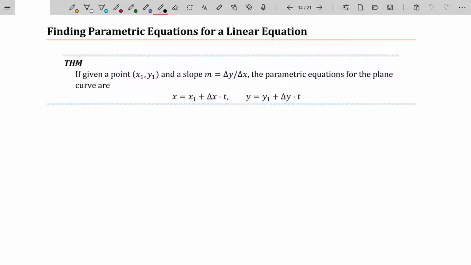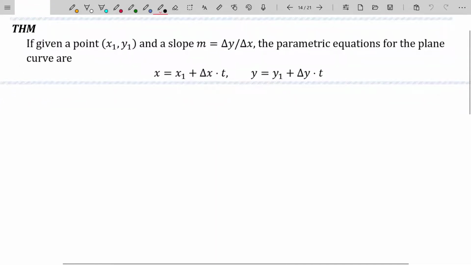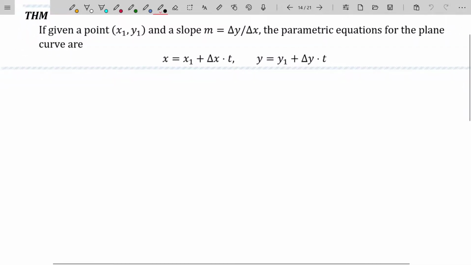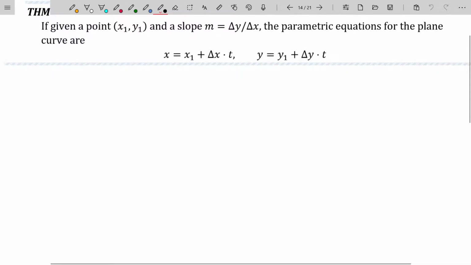So in this video, we're going to take a slight detour and talk about specifically taking a linear equation that's Cartesian in form and finding out what the parametric equations for that Cartesian equation are. So if given a point x sub 1, y sub 1 and a slope, which is just a change in y over change in x, the parametric equations for the plane curve are x equals x sub 1 plus change in x times t, and y is equal to y sub 1 plus change in y times t.